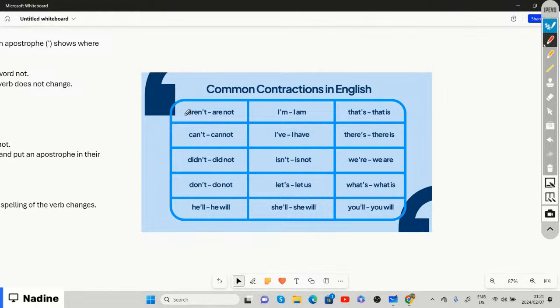For example, our word aren't, and aren't means are not.